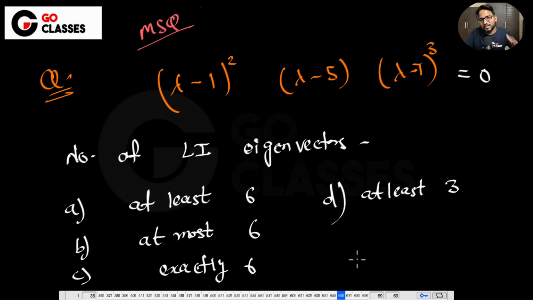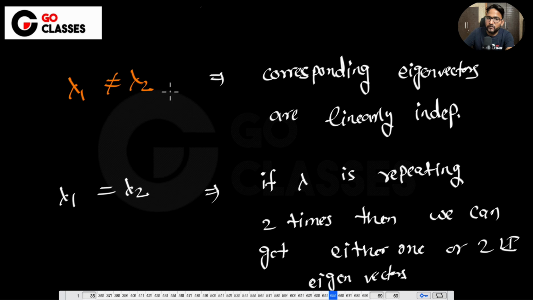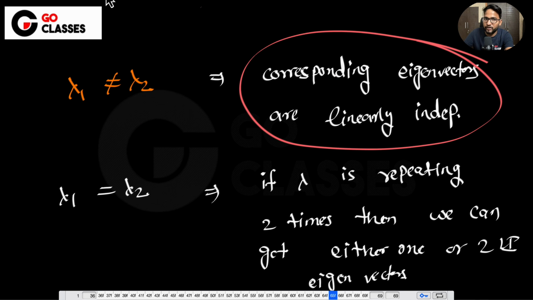It is an easy question, but it is very important to understand what I conveyed in this particular video. That's why I'm putting this question. Just to repeat, if lambdas are not equal, then you must get corresponding eigenvectors that are linearly independent.